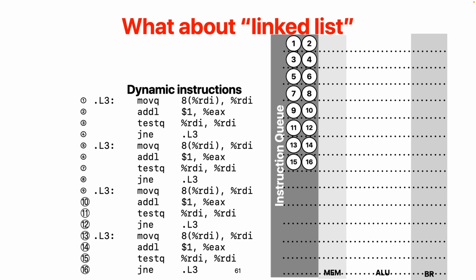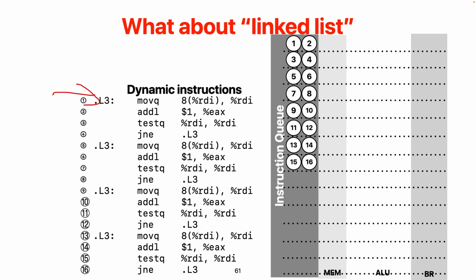The linked list code that I'm giving here is actually very easy to translate into assembly language. First of all, current equal to current next is actually a memory access, right? Because current next is just one element in a data structure.